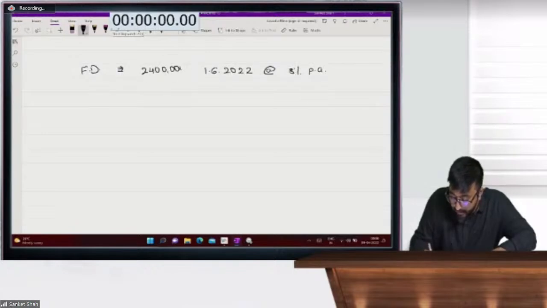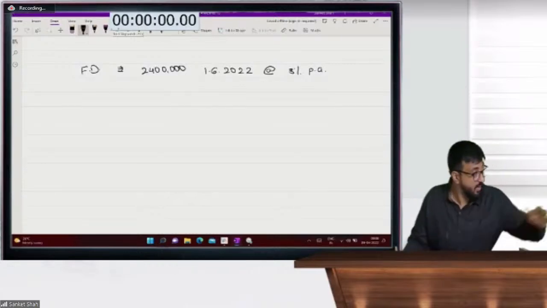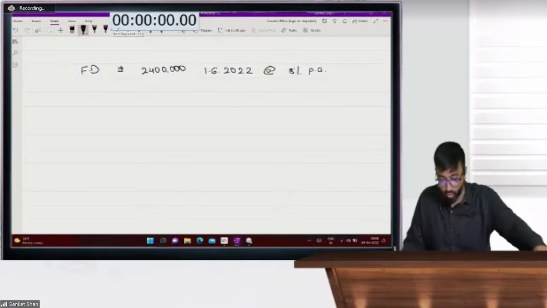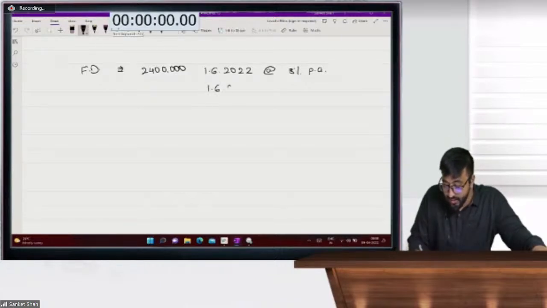I have an FD of 24 lakhs at the rate of 8% per annum. Please tell her to solve. 24 lakhs FD on 1st June 2022 at the rate of 8% per annum, and on 1/6/2023 the same FD continues, but RBI reduced their rates, therefore now it's 6% per annum.